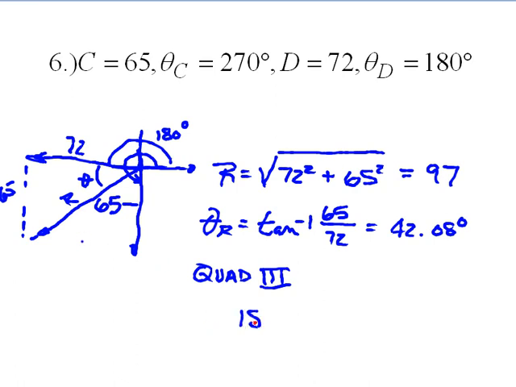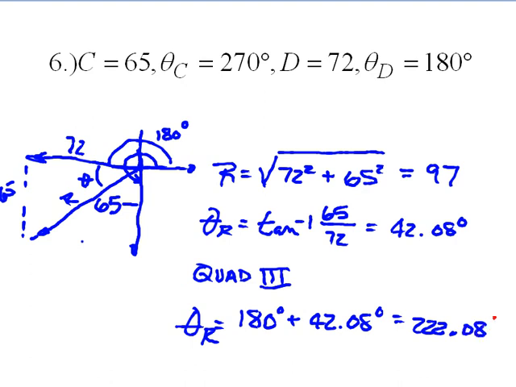So we need to take 180 degrees plus 42.08 degrees, and that is our actual angle for theta r. Should be 222.08 degrees. Okay.